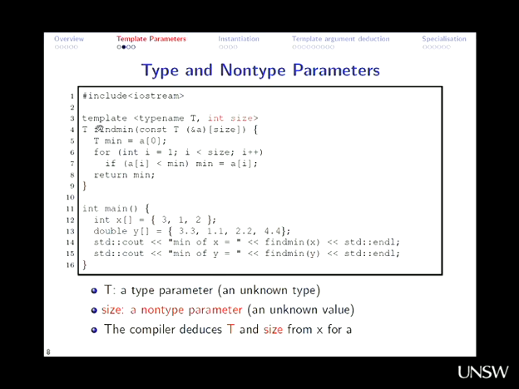Then what you can do is say, okay, this findMin returns a T, whatever type this is, and takes in a const reference to an array of the size. The square brackets here say size, because remember, the size of an array needs to be known at compile time.